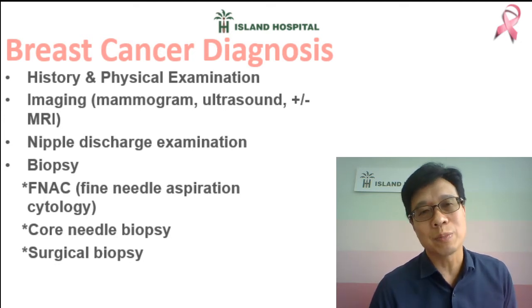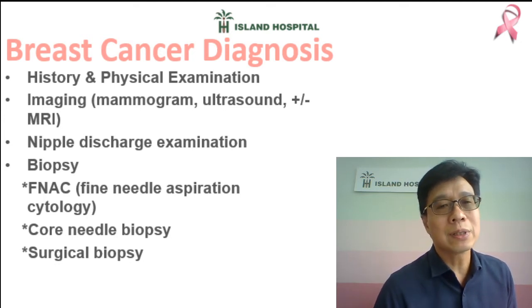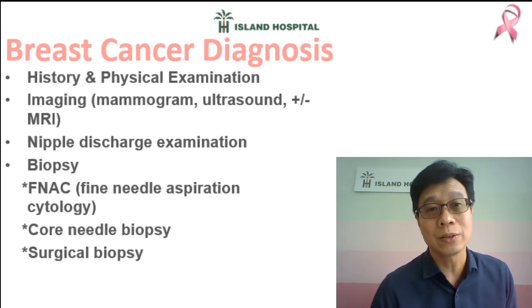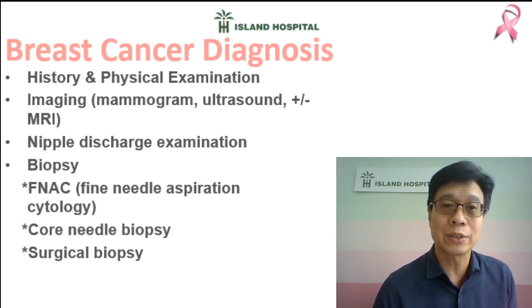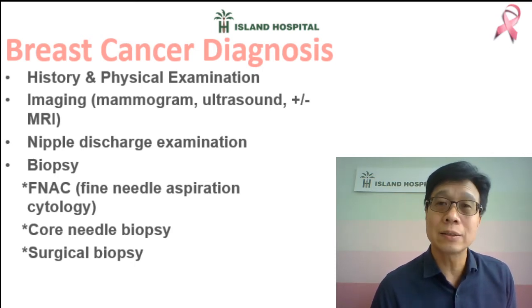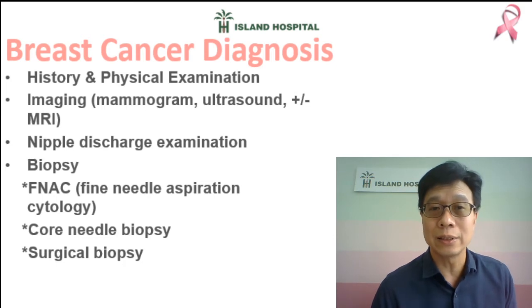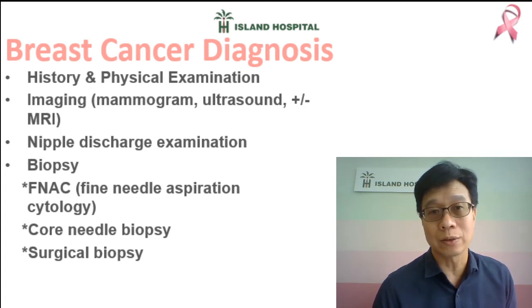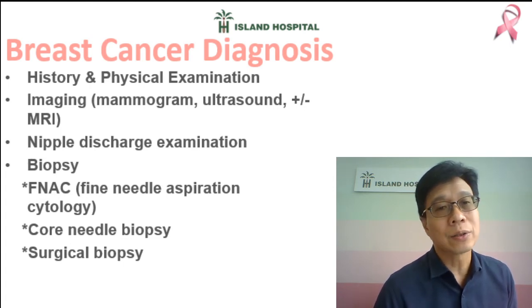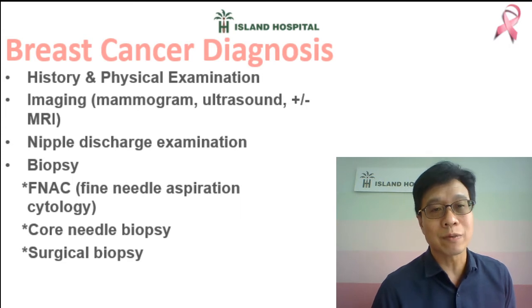There are many forms of biopsy. The first one is a fine needle aspiration cytology, FNAC, where a small needle is inserted into the tumor and aspiration done. Cells are then analyzed to see if they are categorized into either benign, borderline, or cancerous. So this is one of the methods.